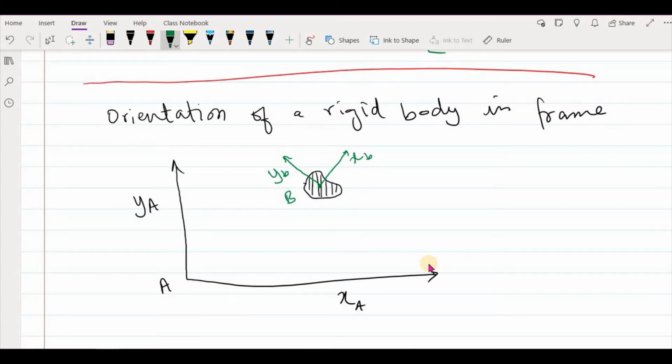To define the orientation of this rigid body, we have to measure the angle that it makes with the x-axis. So this angle theta is the orientation of this rigid body with respect to your frame A. Or you can say that the angle between frame B and frame A is the orientation of the rigid body. So that's how we define the orientation in 2D.